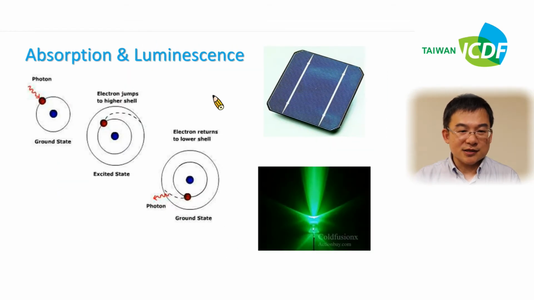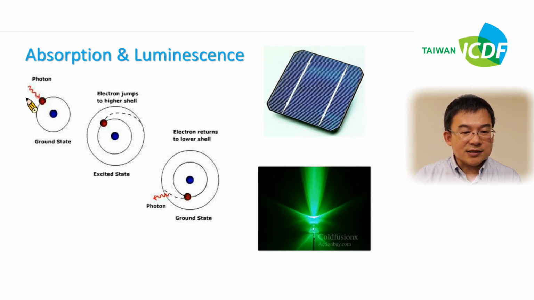So what is the absorption process? We can use this cartoon to introduce it. This is the atomic orbital, and an electron is in the ground state, so that is a low energy. And a light irradiates the atom.